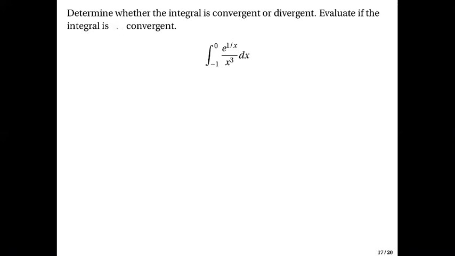So for this, again, this is an improper integral because you have x in the denominator, and you are integrating from -1 to 0. Particularly, this is discontinuous at x equals 0.